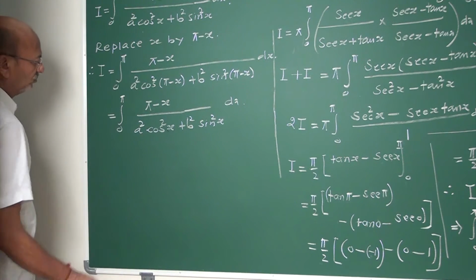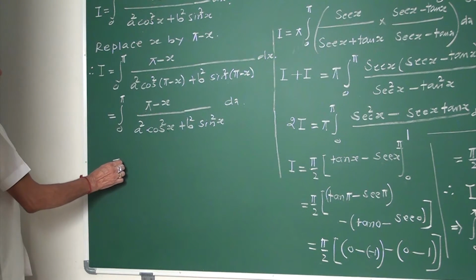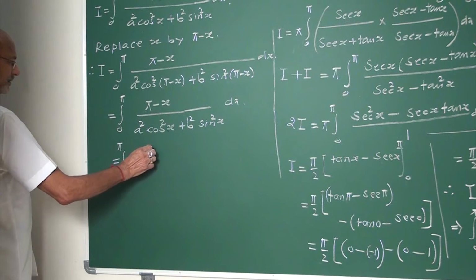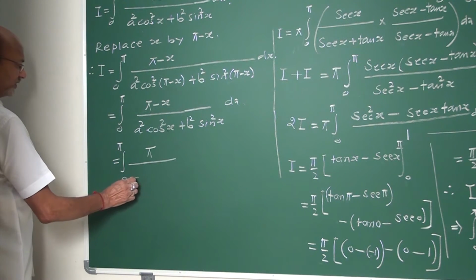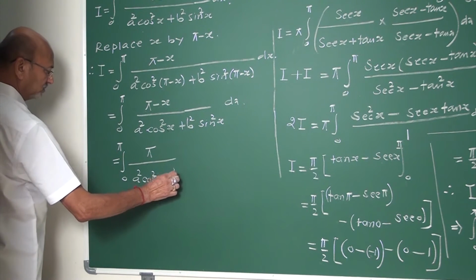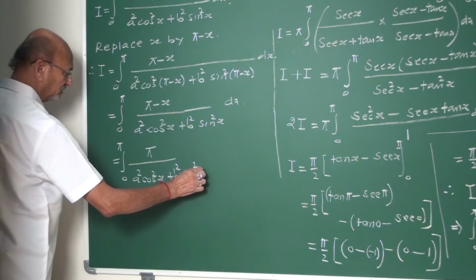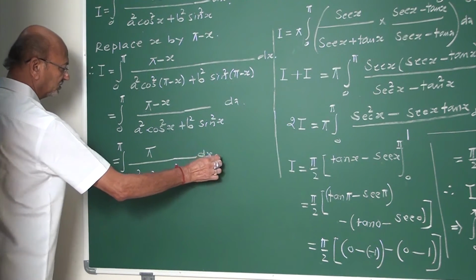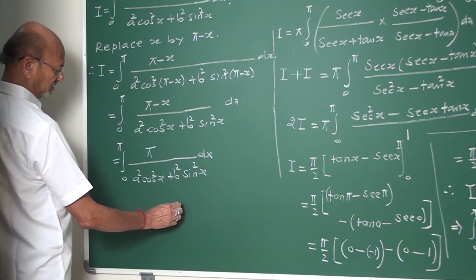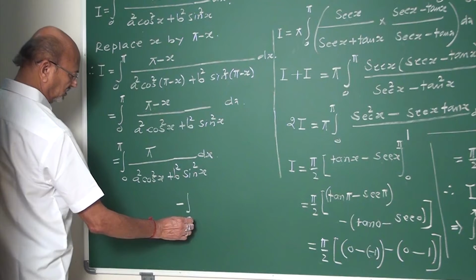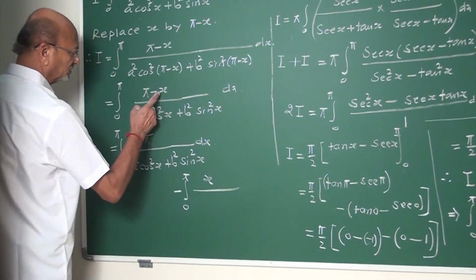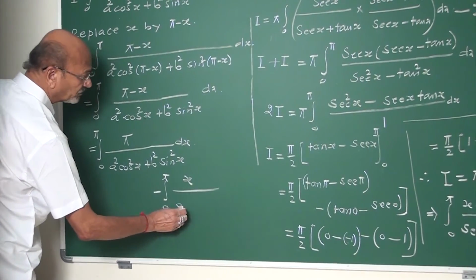Two integrals. One integral is with pi: integral 0 to pi, pi upon a square cos square x plus b square sin square x dx, minus. I write down integral 0 to pi, x upon this, denominator is same.